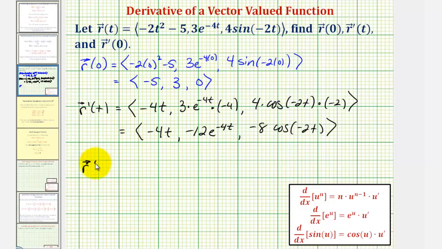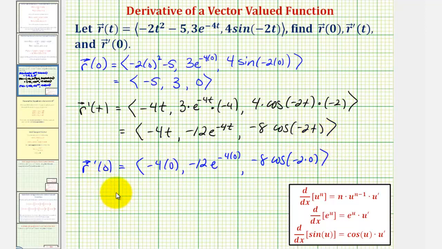So r prime of 0 would have an x component of negative 4 times 0, a y component of negative 12 times e raised to the power of negative 4 times 0, and a z component of negative 8 times cosine of negative 2 times 0.